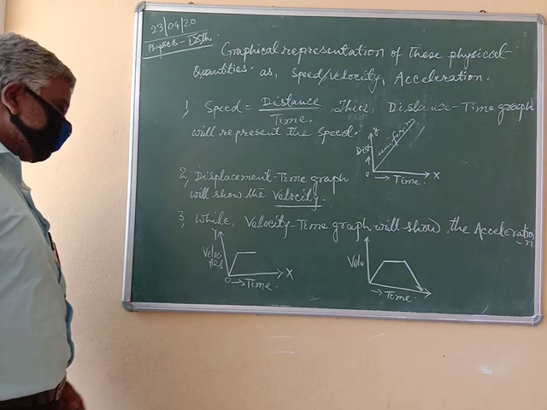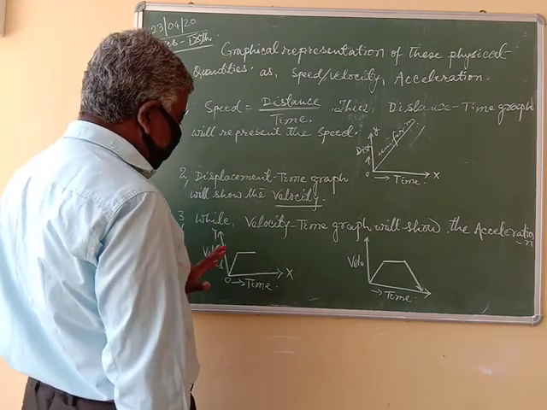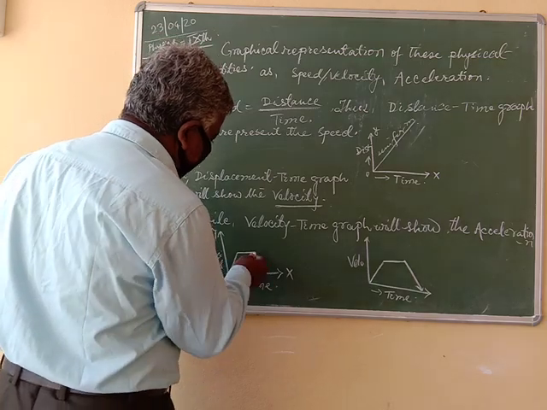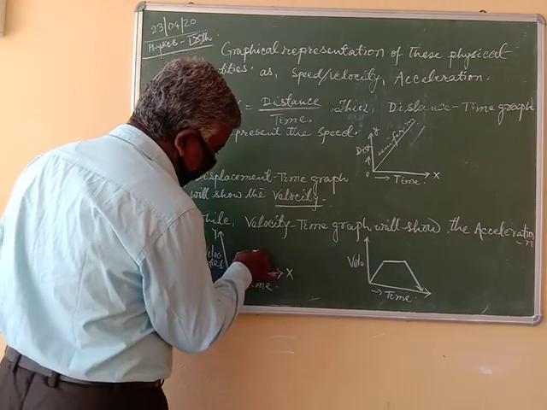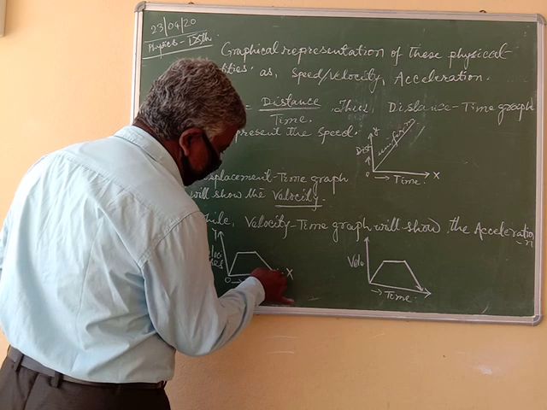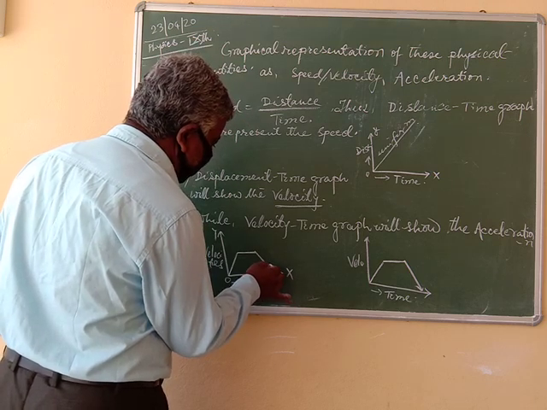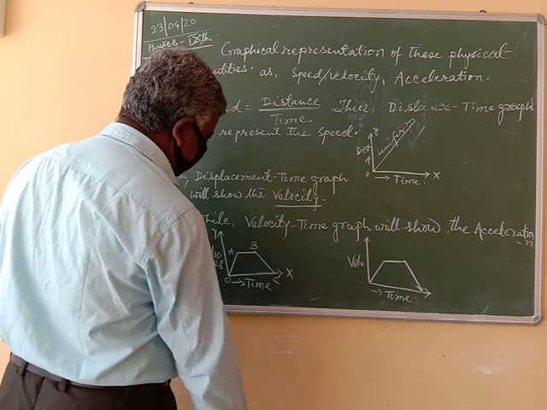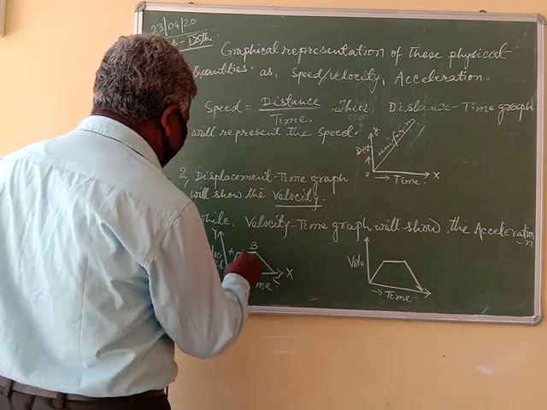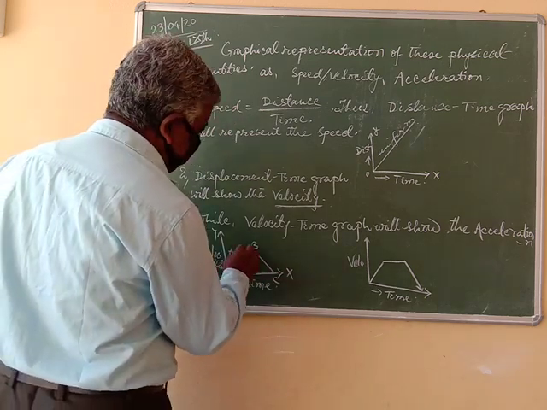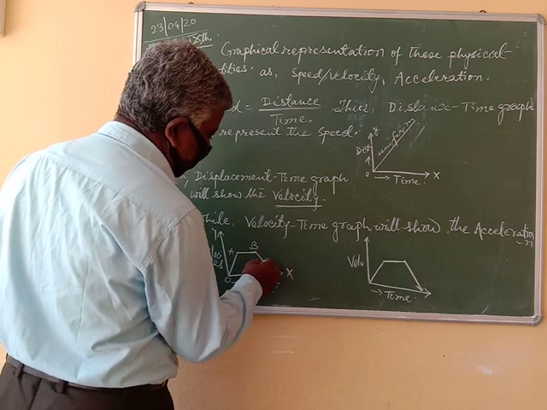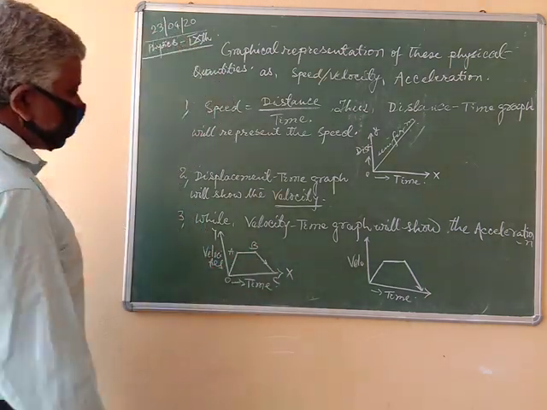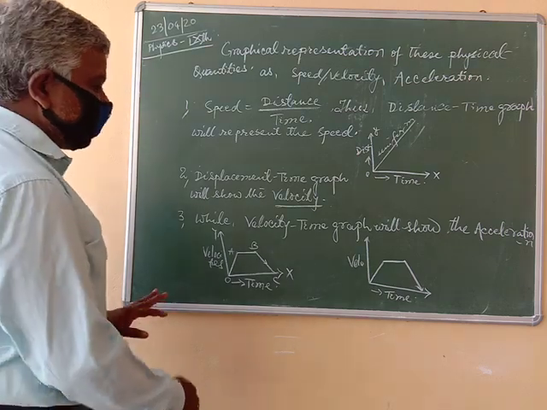In such a case acceleration will be 0. This is the constant, and then after it just goes down. This is the retardation, A, B, and this is C. This shows the velocity time graph.